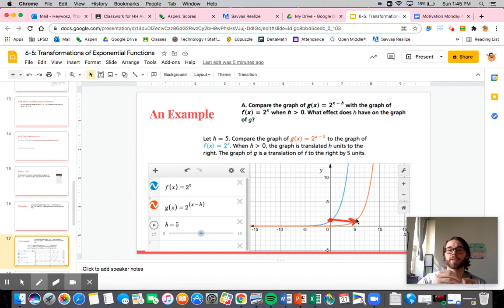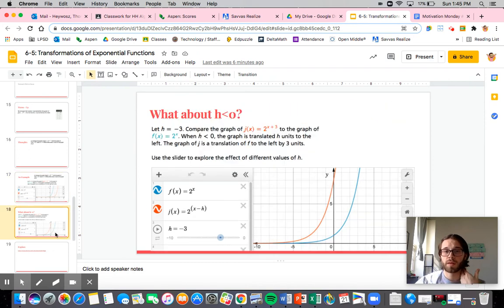Starting at (0, 1), that point has become (5, 1). What did we do here? We took our y-intercept and moved it over however many it said in the exponent. So in this case, to the right 5.